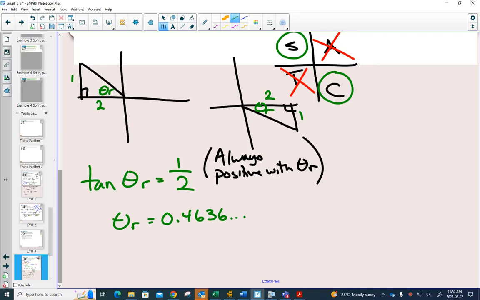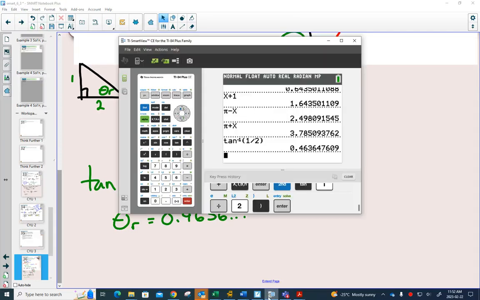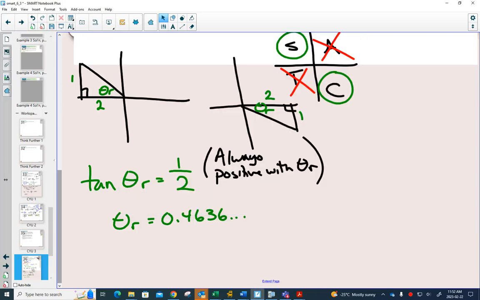Rounding early can sometimes cause your final answer to be off. I don't want to round early. In fact, just like the last example, I'm going to store this as x. And now my x is another number, just replacing the previous number it was, because I'm going to use this reference angle a lot.